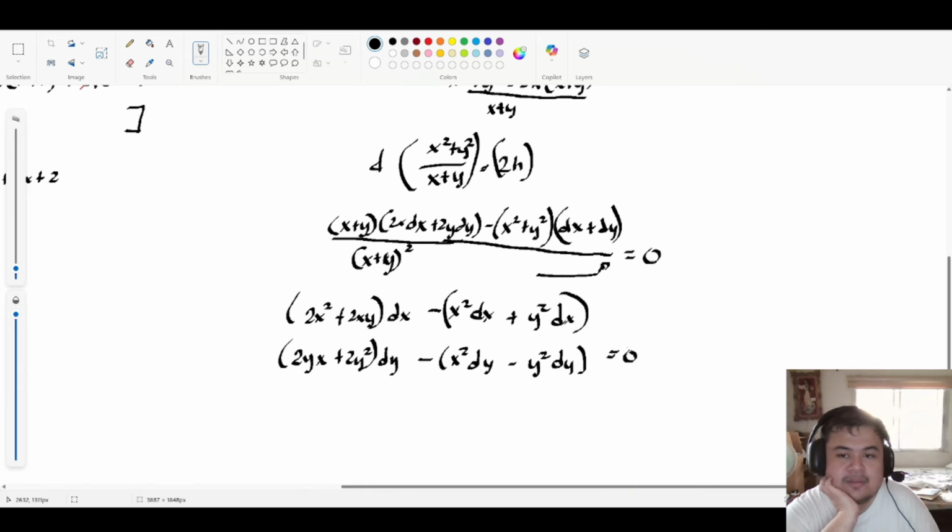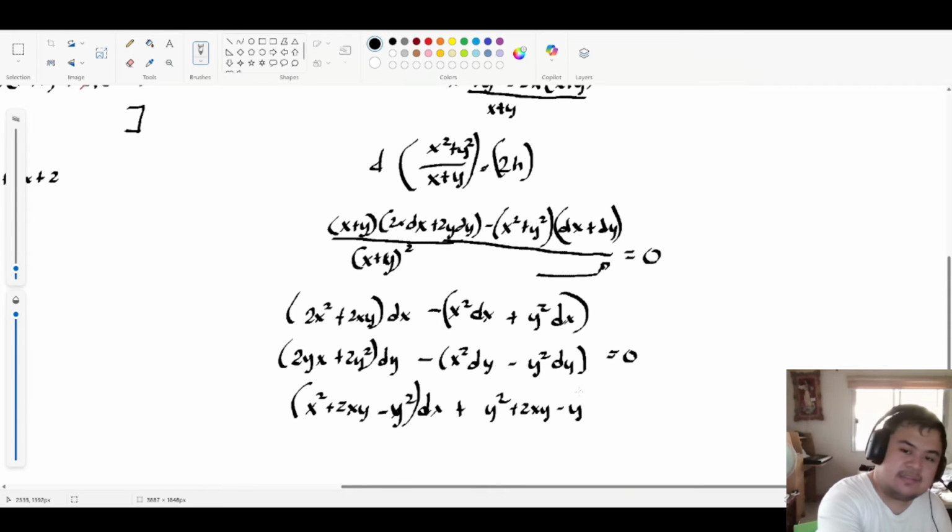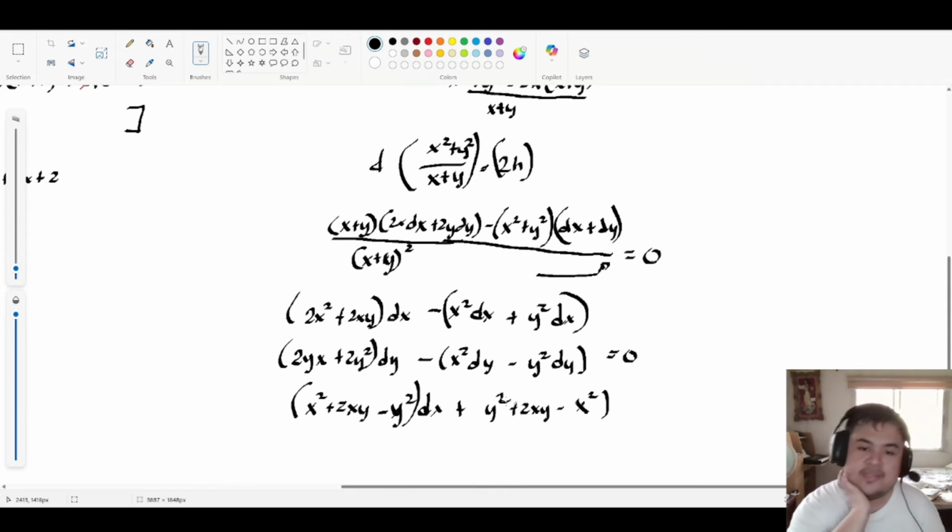Now, if we simplify that, we're going to have (x squared plus 2xy minus y squared) dx plus (y squared plus 2xy minus x squared) dy.